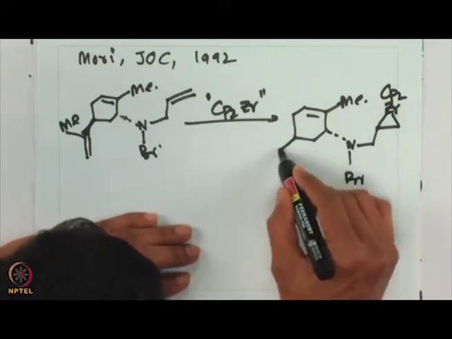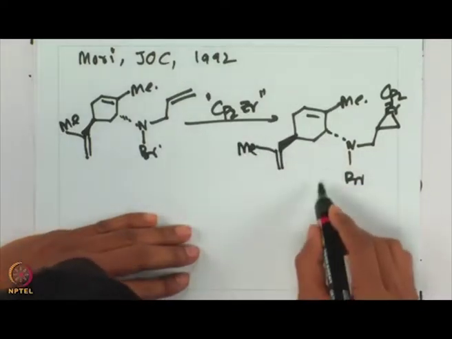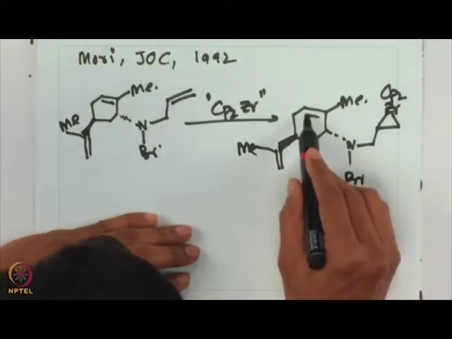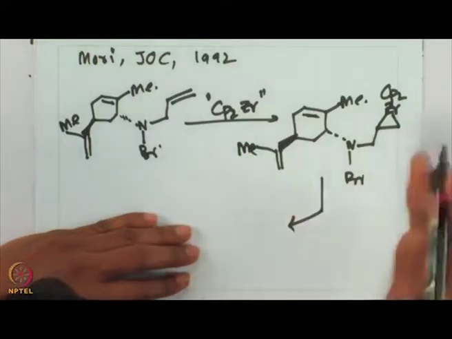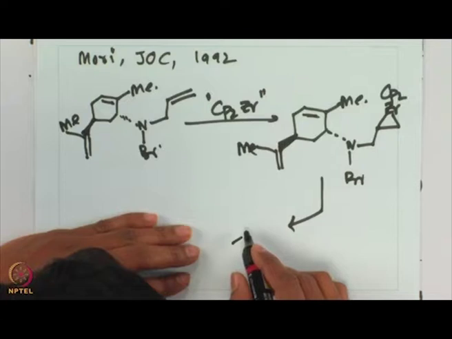Other things are remaining intact without any problem, and from there on what we do get is the attack or participation of this olefin with this cyclopropane ring overall to give a very interesting intermediate that would lead to dendrobine synthesis.